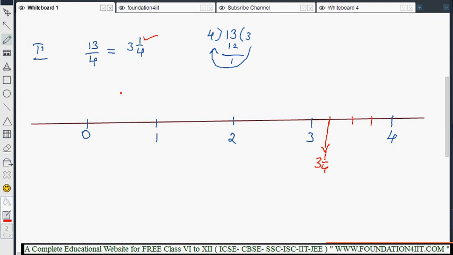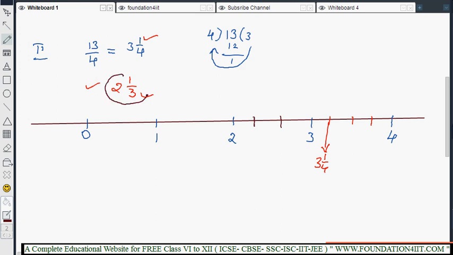Let us take 2 1 by 3, as an example. That means it's more than 2 and less than 3. And the denominator is 3. Therefore, between 2 and 3 we should make 3 equal parts, because the denominator is 3. Now 1, 2, 3 between 2 and 3.